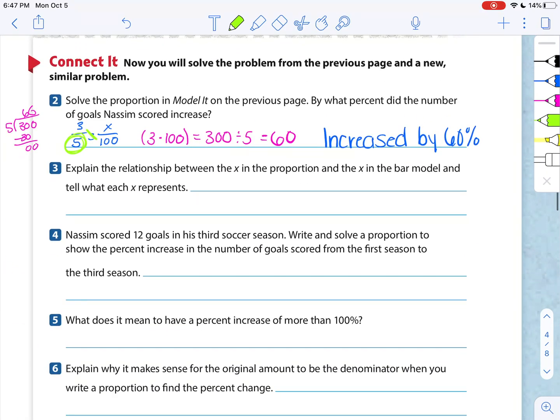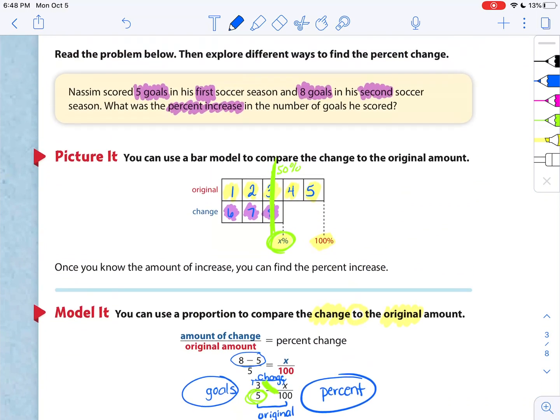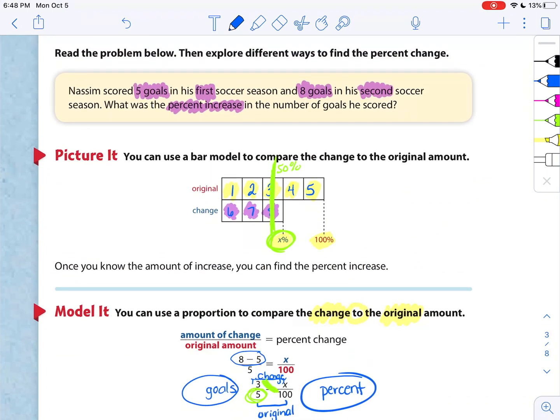Number 3, explain the relationship between the x in the proportion and the x in the bar model and tell what each x represents. So remember on the previous page, the x in the bar model, that x that's circled in green, and then in the model that x in your proportion.